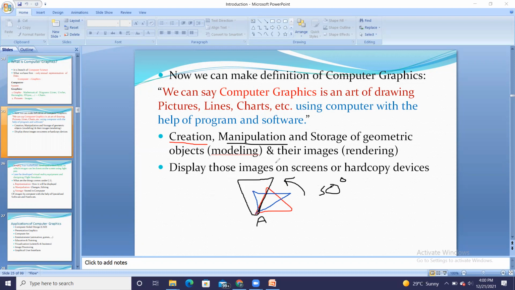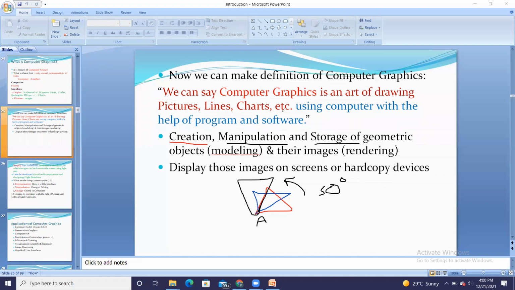After that, you are going to store that image, that result, in the memory. And that is called modeling. Storing of geometric objects is called modeling, and their images are called rendering.